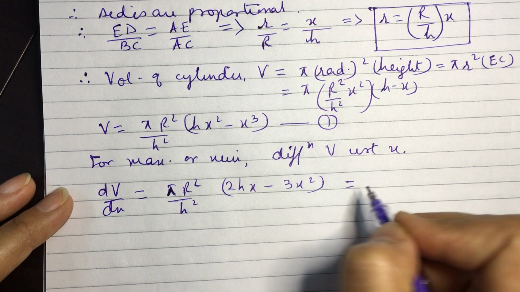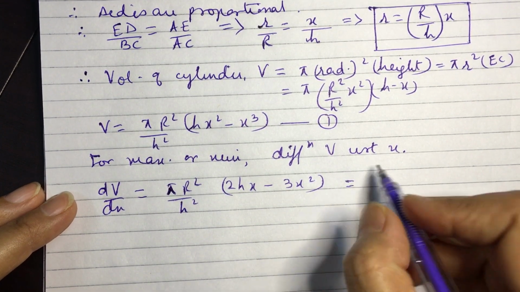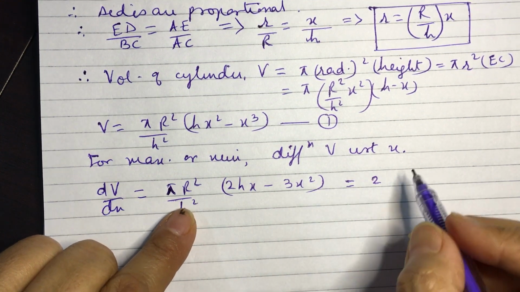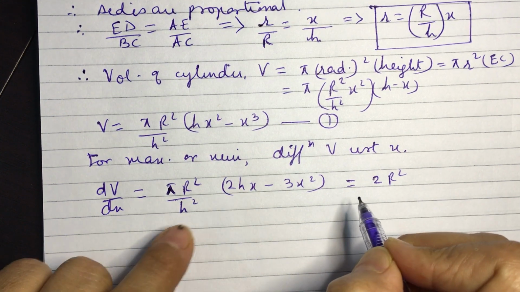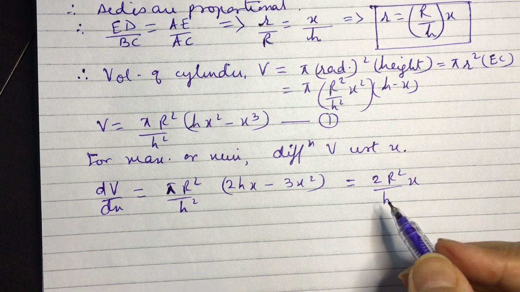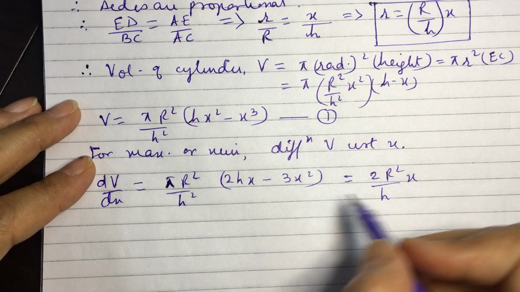Now you can open it up as 2, here we get 2 into r squared, this h, one h gets cancelled, into x. So we get 2 and pi is also there.